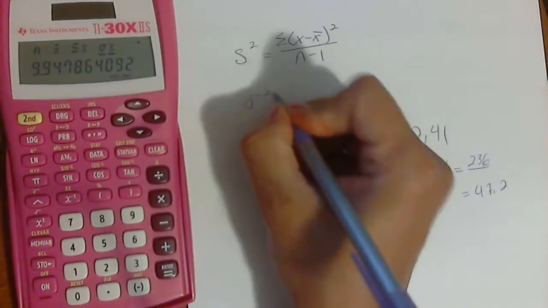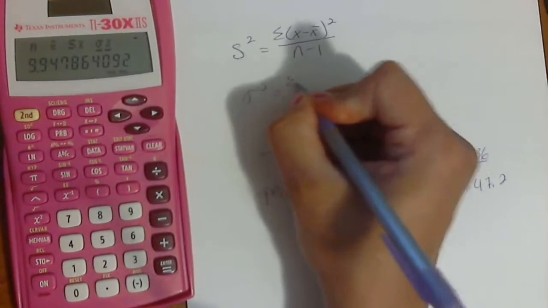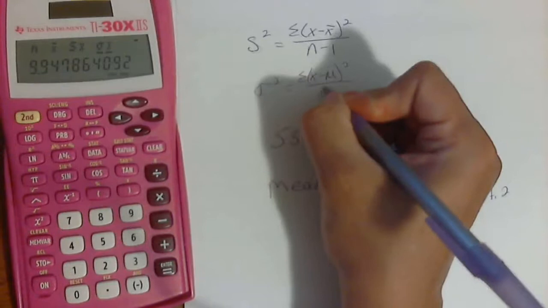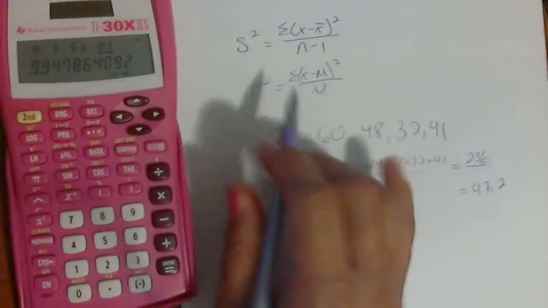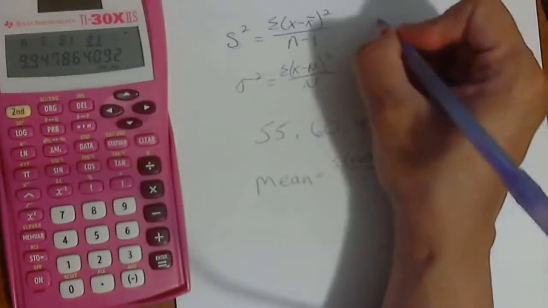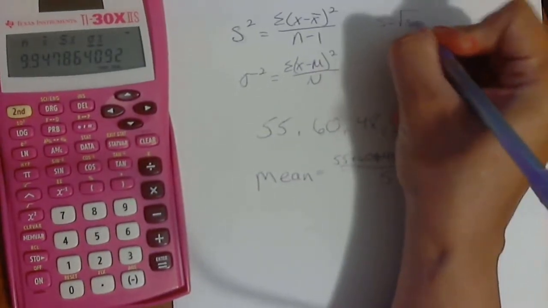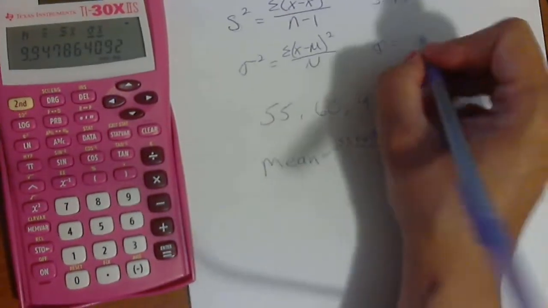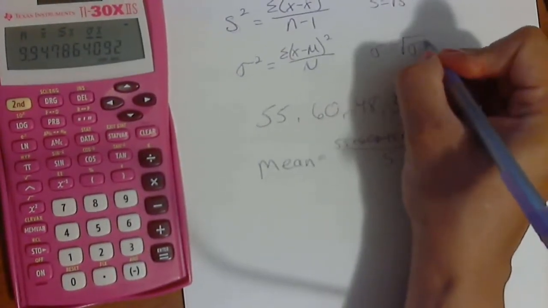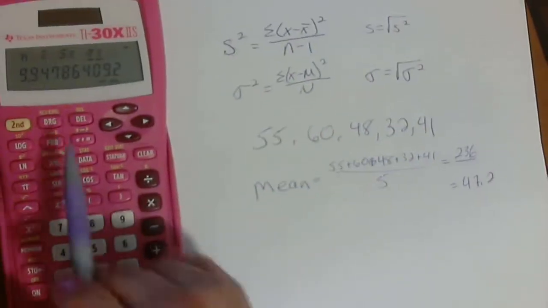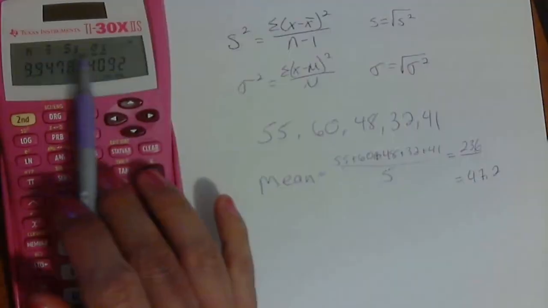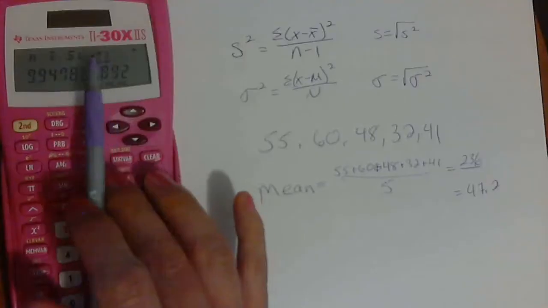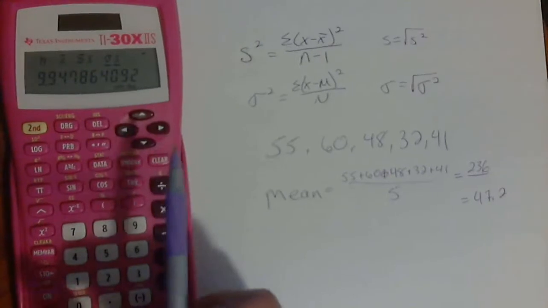The population variance looks like this, but I divide by n, the total number. To get my s, I take the square root of my variance. Same thing here, to get my population standard deviation, I take the square root of the variance. So these two items on your calculator are actually already after the square root has been taken. So this is actually a way to check your work.